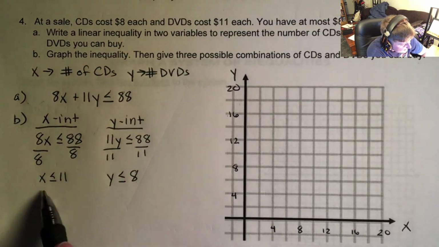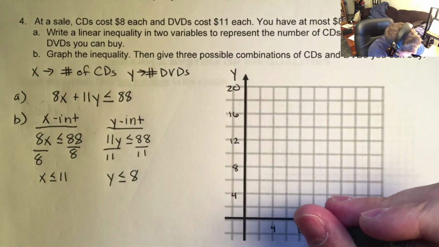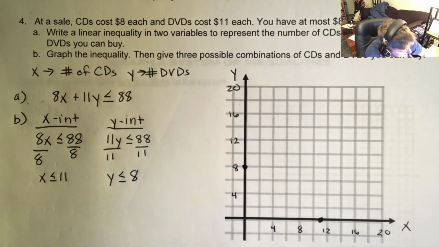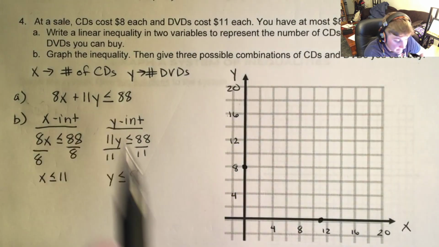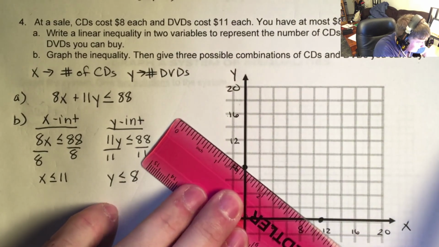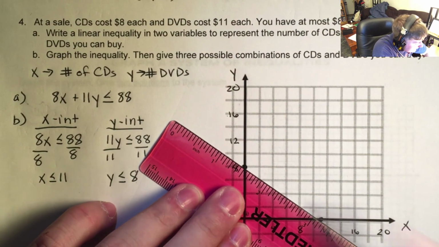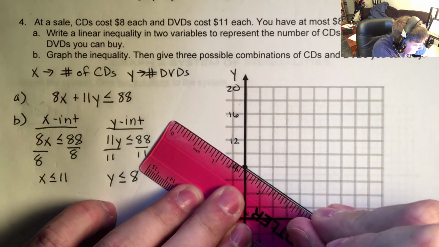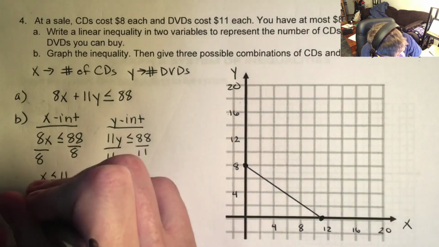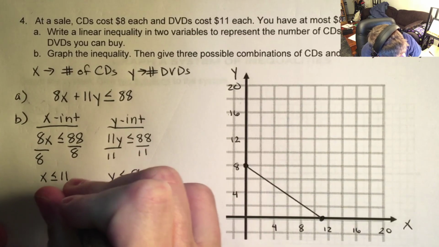Okay, x-intercept of 11. So here's 10. This is going to be exactly in between. Y-intercept of 8. Well, that has a spot for me, so that's good. It's going to be a bold line because it's or equal to. Alrighty. And then I just need to figure out where I'm going to shade. Okay, so I'm going to test 0, 0.